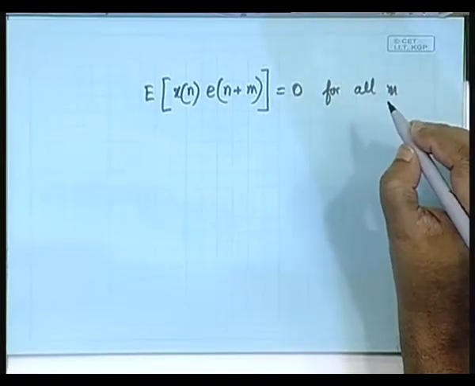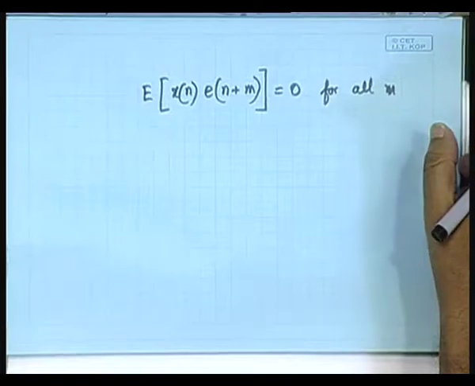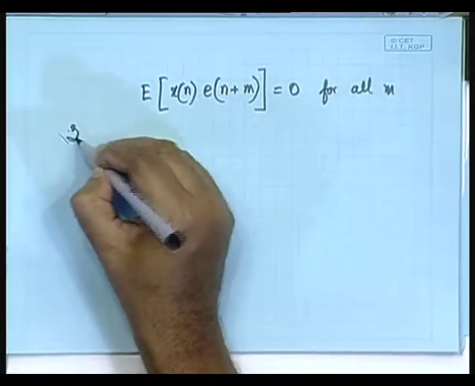No matter even if m is equal to 0, x n and E n should be completely uncorrelated with each other, and take x n E n plus 1, or x n E n minus 1, or x n E n plus 2, anything, these are going to be uncorrelated. So, this is the second assumption that we are making about the statistical model of quantization noise.